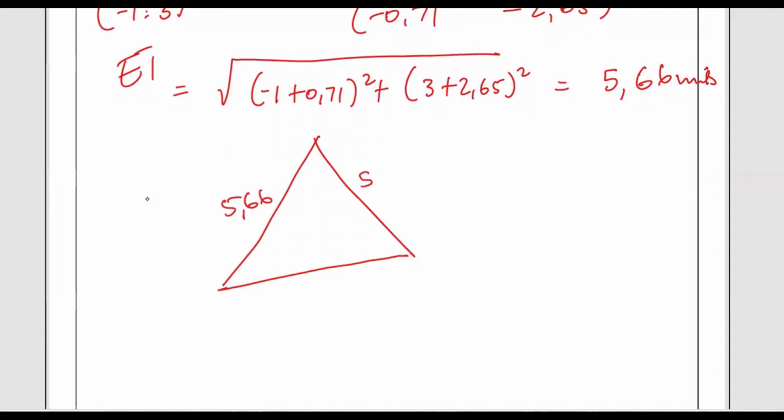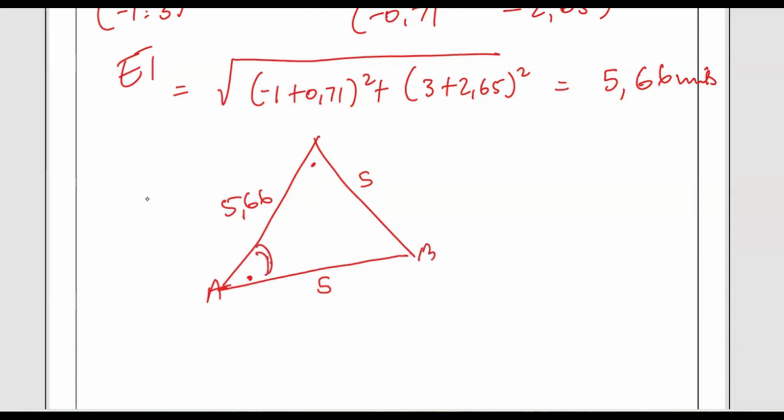Okay. So now if our triangle is in this format, this is 5.66, that's a 5, and that is also a 5. What do you think is going to be done? Because we know that this angle must be also the same as that. Something is off here, but it's fine, I'll find it out. So I'm going to use the cosine rule to find this angle.